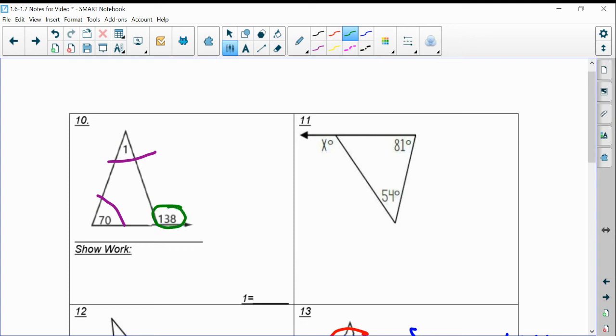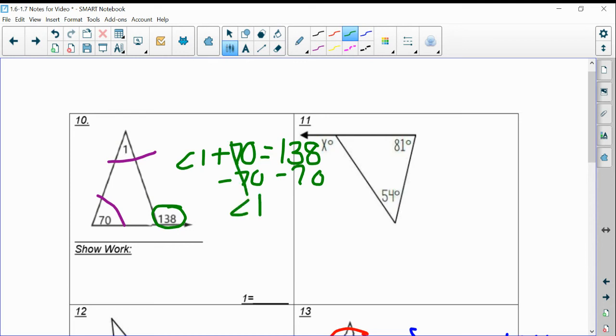So the sum of angle 1 and the other angle where they give us 70 degrees, added together should equal that exterior angle, which we have. So now we go ahead and subtract 70 to solve. All right, so then this cancels, and we're left with the measure of angle 1 is going to be equal to 68.